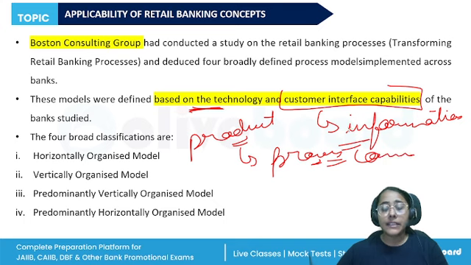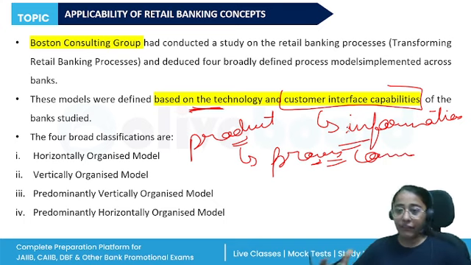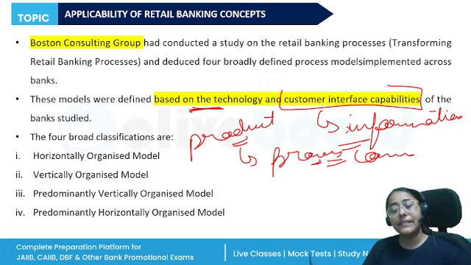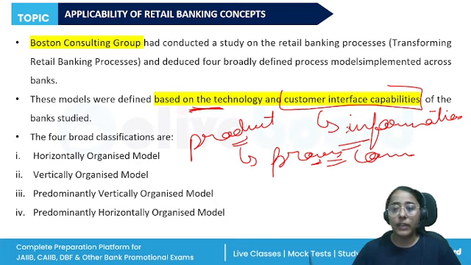Similarly, for customer information, are we using different information for every product, or do we have a centralized database across all the products? Accordingly we have four models: the horizontally organized, vertically organized, predominantly vertical, and predominantly horizontal.